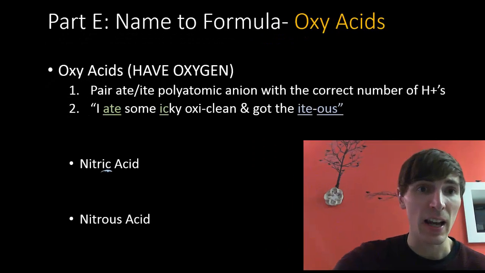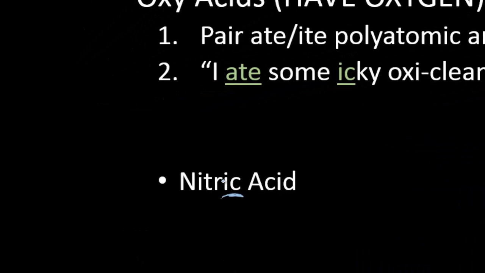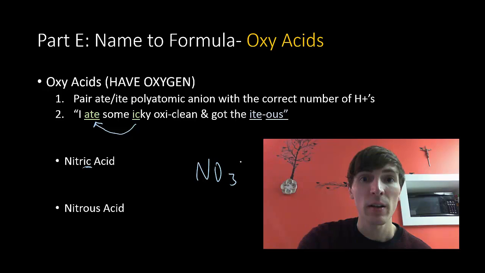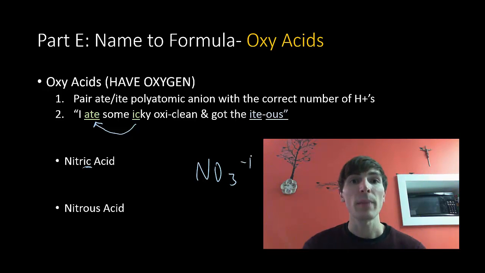I look at the ic ending and at what's paired up with it, which is nitra. The ic tells me that I need to look at the anion that ends with ate. What starts with nitra and ends with ate is nitrate. I find it on my polyatomic ion sheet: NO3 minus 1. That is my anion.